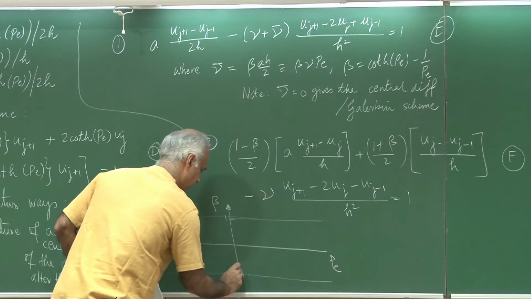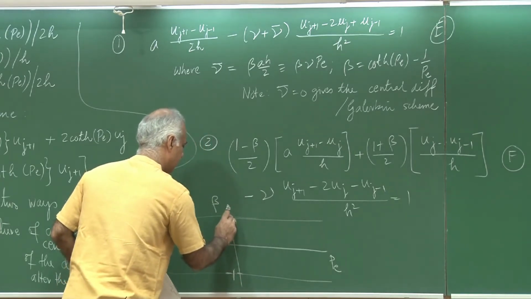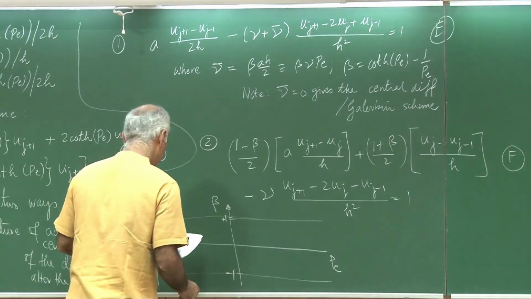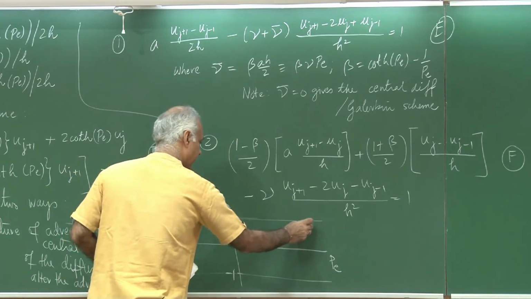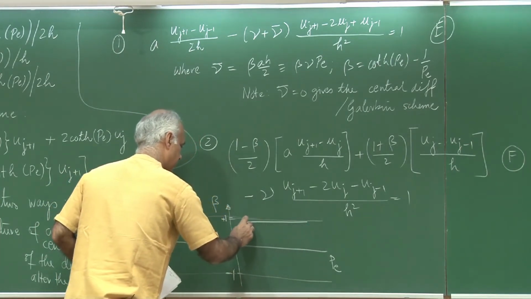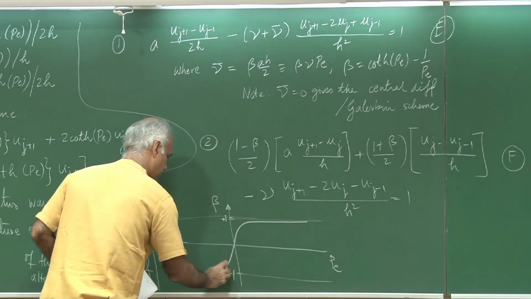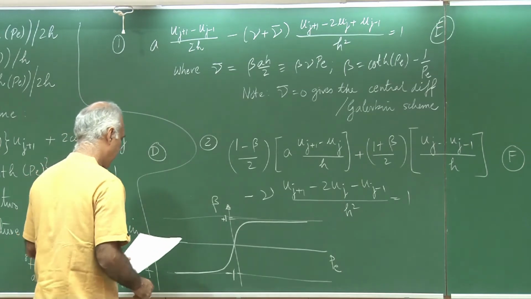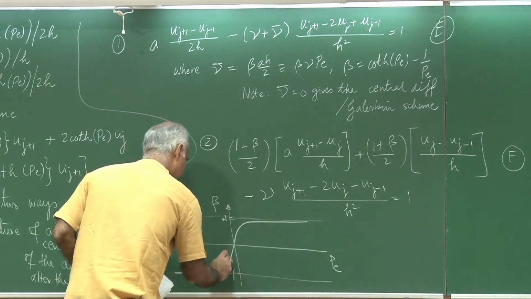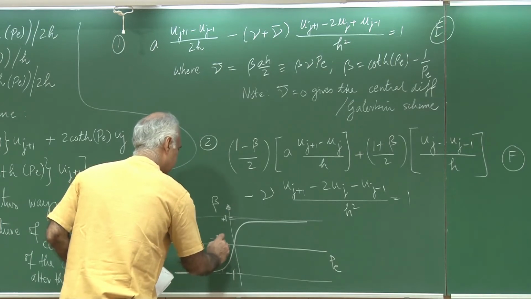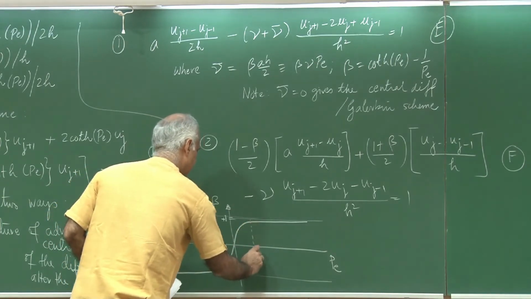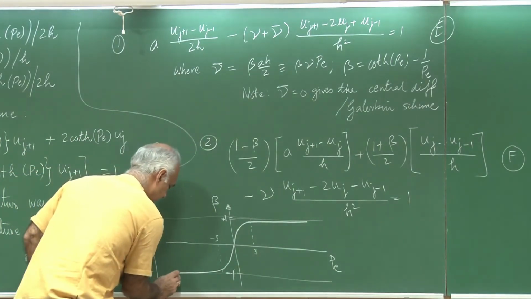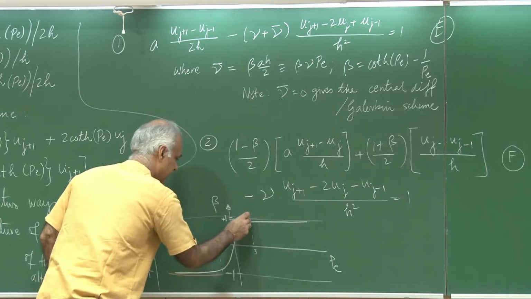This is minus 1 and this is plus 1. So, the curve looks something like this. This is the curve, and actually this value is somewhere around minus 3 and this value is around 3. So, one can even draw the double asymptotic curve something like this.